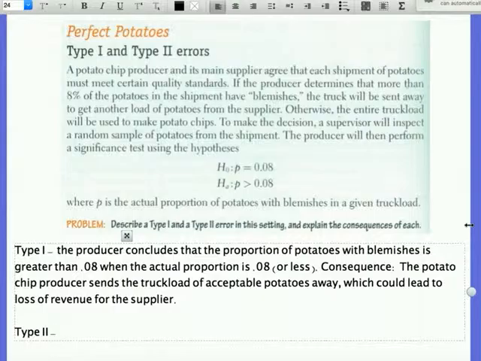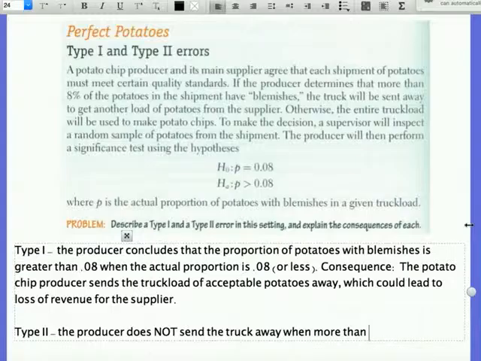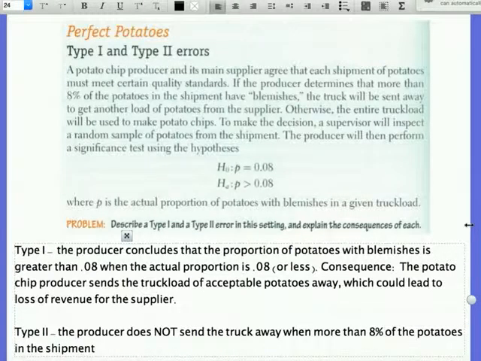And so for this one, we would say the producer does not send the truck away when more than 8%, or the 0.08 is a proportion, of the potatoes in the shipment have blemishes.